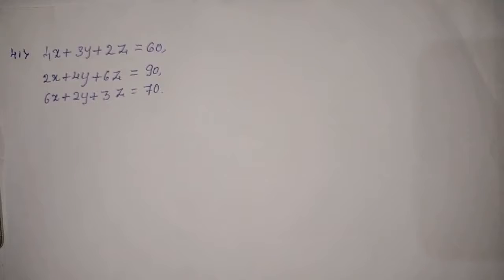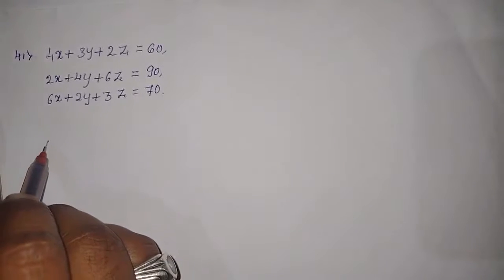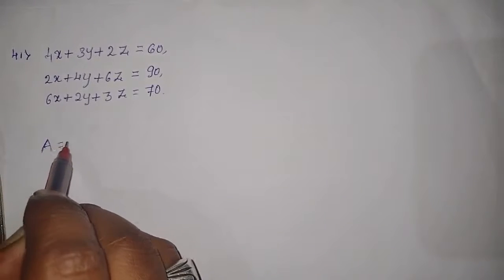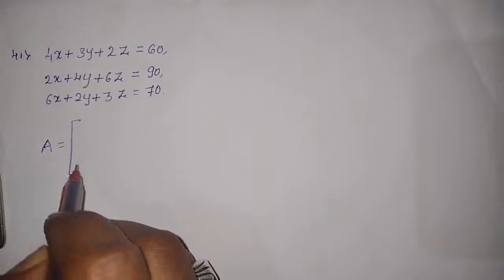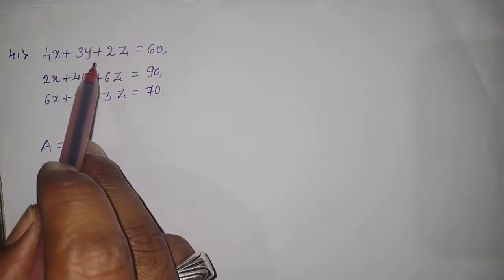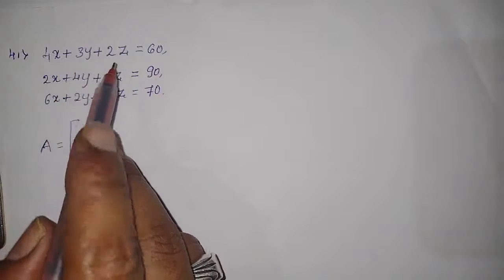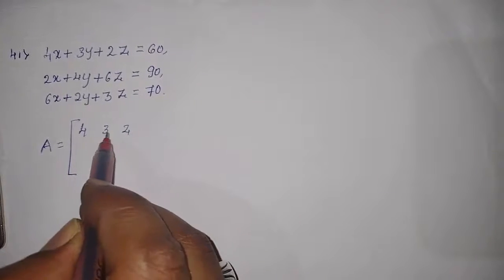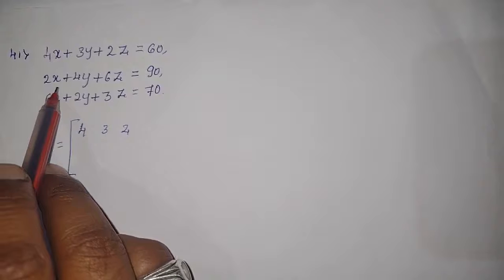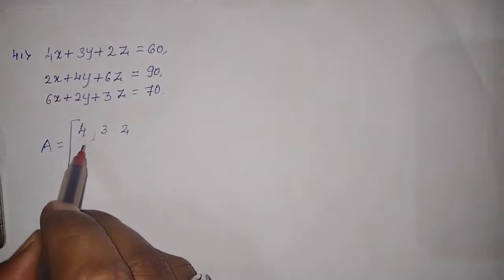By taking the coefficients of x, y, z we construct the matrix A. Here matrix A equals: the first linear equation coefficients are 4, 3 and 2. The second linear equation coefficients are 2, 4 and 6.